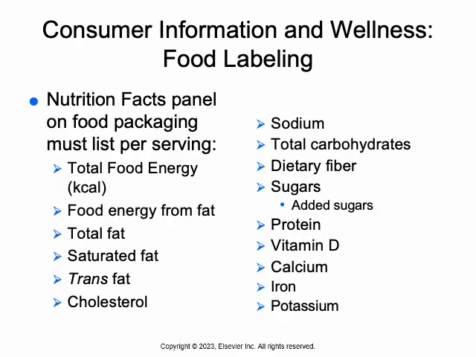Now think about your own shopping preferences and habits. Do you read food labels? Food labeling was not always required, but now that it's required, it does provide us the best way to see how an individual food will fit our nutritional needs. And the function is twofold. First, it's for the consumer.